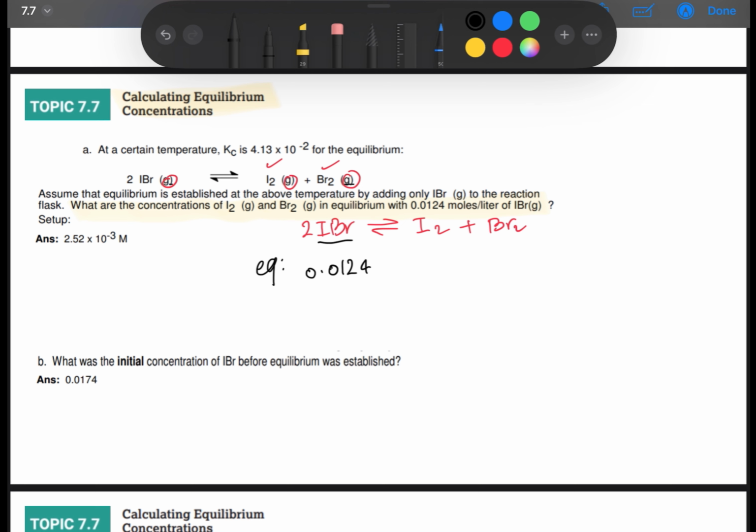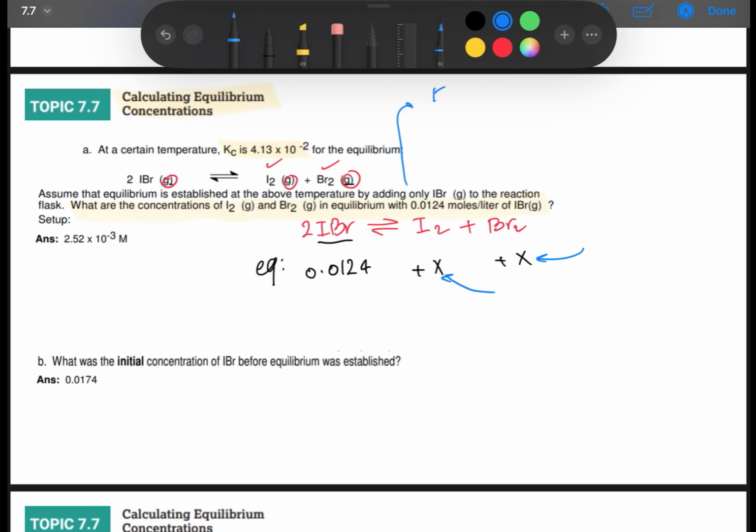And since we have products at that point, I have to say plus X, and here it's going to be plus X. And just keep in mind, the value of Kc is given to us, right? Okay. So I need to calculate the value of X for I2 and Br2 in order to calculate their concentrations. So how can I do this process? All right, so let's move here.